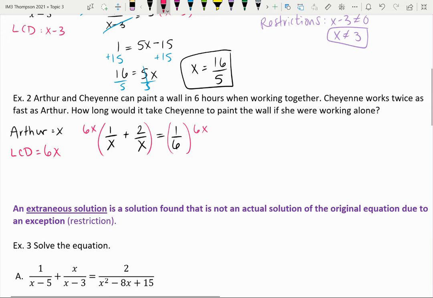When I multiply the left-hand side, I have an expression, so I'm going to have to distribute this through. I'm going to go slow here. I'm going to multiply and then simplify in a minute. So I get 6x times 1 is 6x. 6x times 2 is 12x.